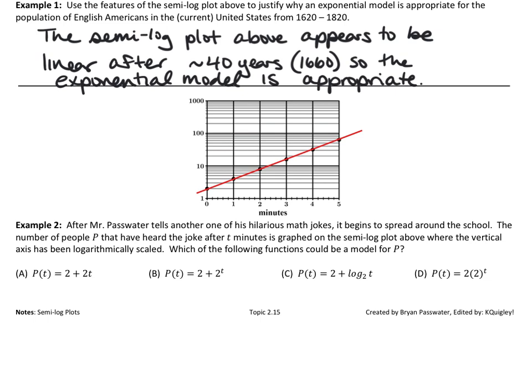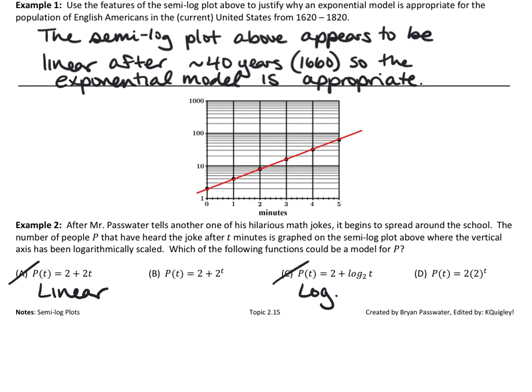Which 2 answer choices here can we for sure get rid of? Which ones are not exponential? A and C are not exponential. In fact, what kind of function is A? Linear. What kind of function is C? Logarithmic.